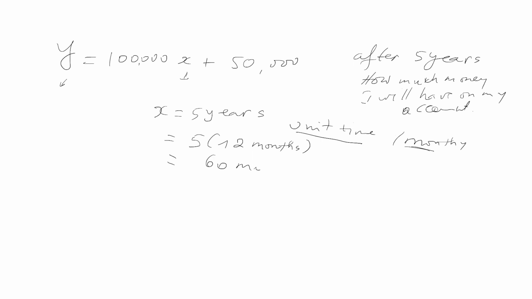With this period, I can know how much money I will have after 5 years by replacing in my function. You see, it is 100 times x, where x is now 60 months. Then I add the constant amount I started with. 100 times 60 is 6,000, and I add 5 zeros, yes.